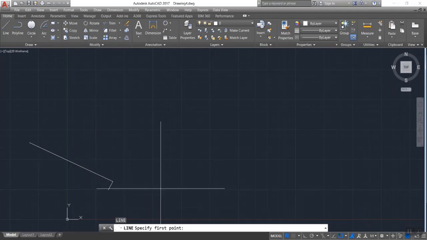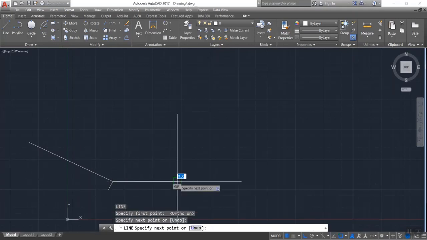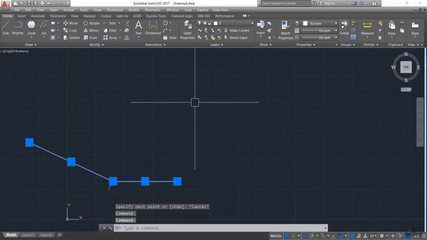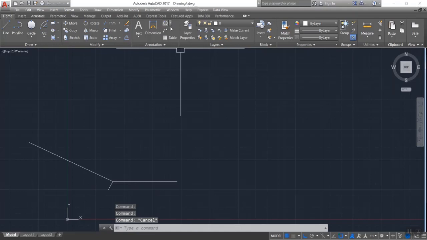In this case the line will be from here, it will be 0 degrees, and from this line to this line, it will be 156 degrees.